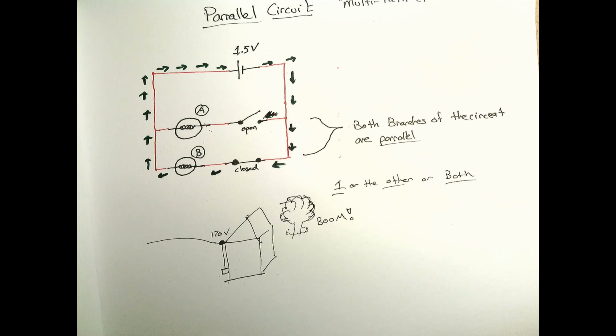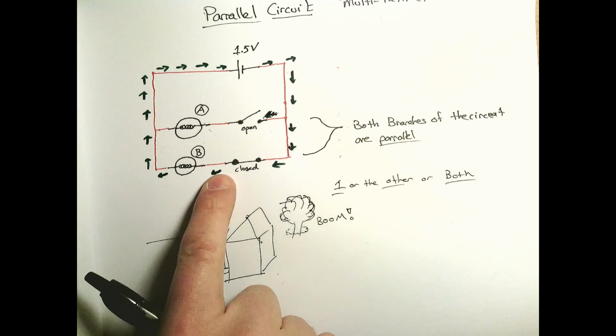Your home is a parallel circuit so that you can have multiple branches you can turn on and off. That's especially how you can have multiple light switches that control one light bulb, or different rooms that have their own light switch. All the lights on one floor of your house might be on one circuit, but you can turn individual lights on and off because they're in branches.